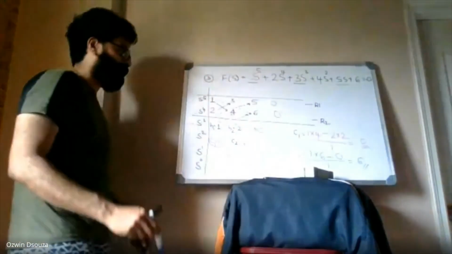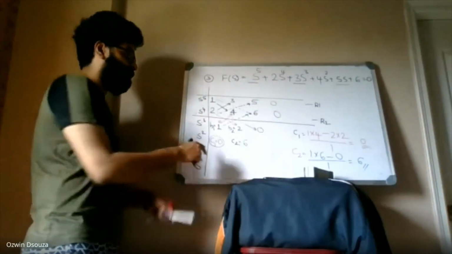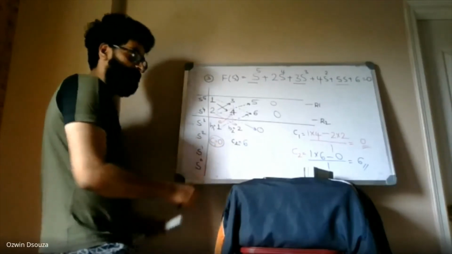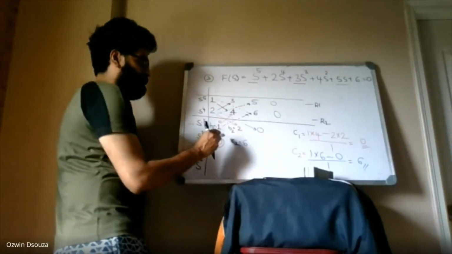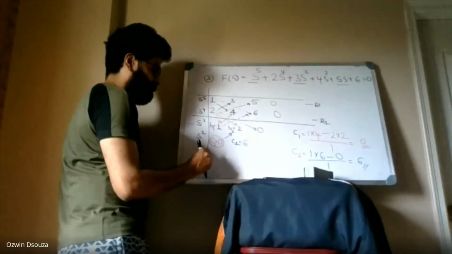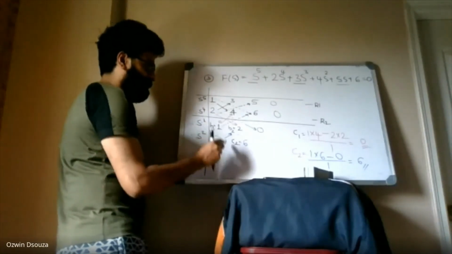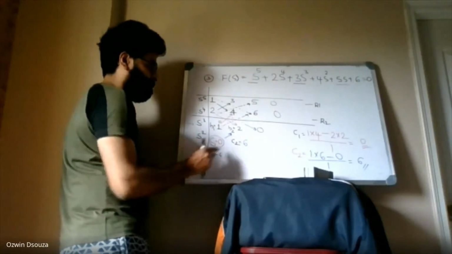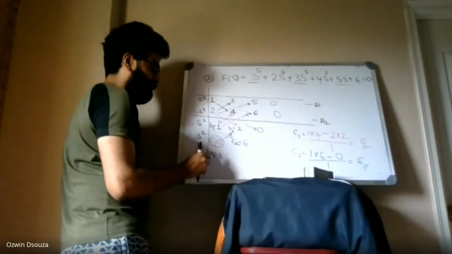Once you have this, you can find out the coefficient of the s to the power 1 row. So what do you get? The s to the power 1 row is 0 into 2 minus 6, right, because 1 into 6 divided by 0.